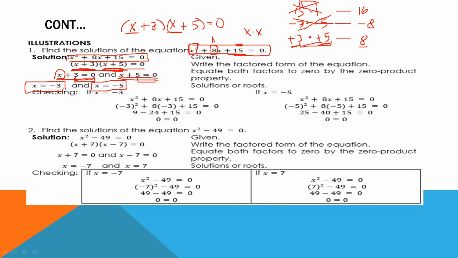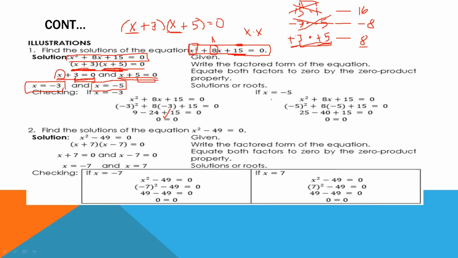Then, when we simplify, negative 3 squared is equal to 9. Then, positive 8 times negative 3 is equal to negative 24. Then, plus 15 is equal to 0. Then, let's simplify. 9 minus 24 plus 15 is equal to 0. Then, equal siya sa 0. So, ibig sabihin, it is correct dahil 0 is equal to 0.